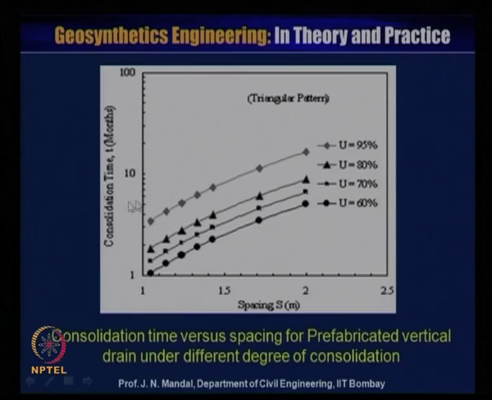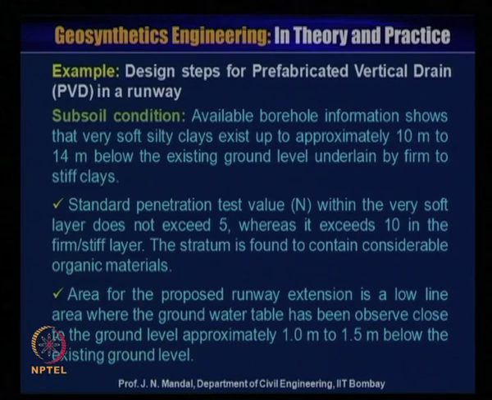If you want to know what will be the consolidation time required, if you fix this spacing, then if you want to reach 95% consolidation, you will know how many months you require. If you want to reach 60% degree of consolidation, then you will know the consolidation time required. So from this design chart also you can calculate what should be the spacing between the reinforcement.